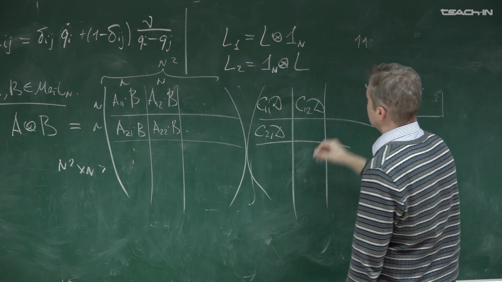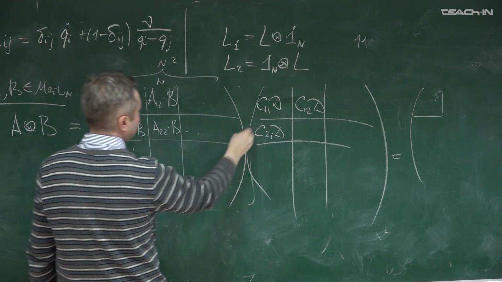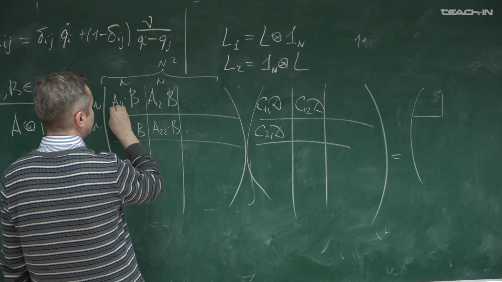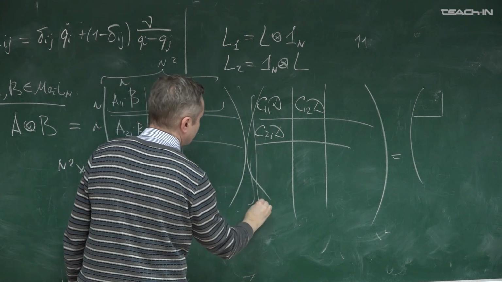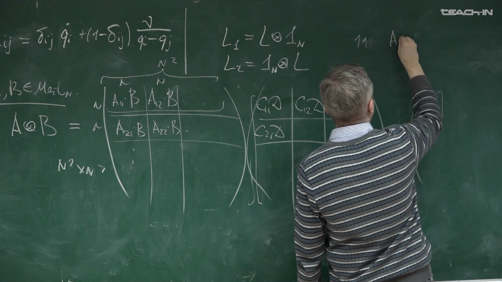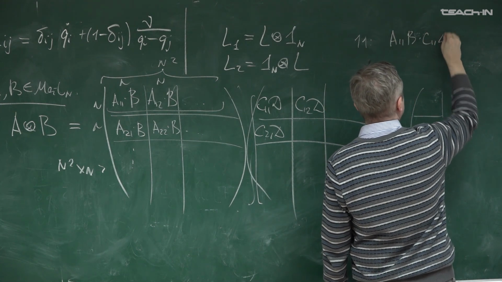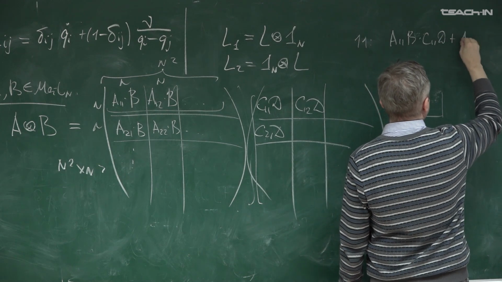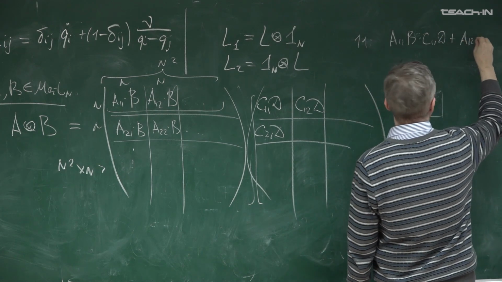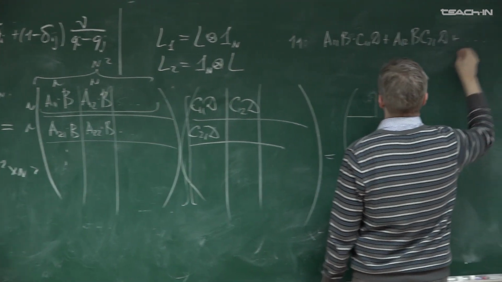In this block we have a product of this row by this column. And what we have here is A11 B multiplied by C11 D plus A12 B, C21 D, plus and so on.